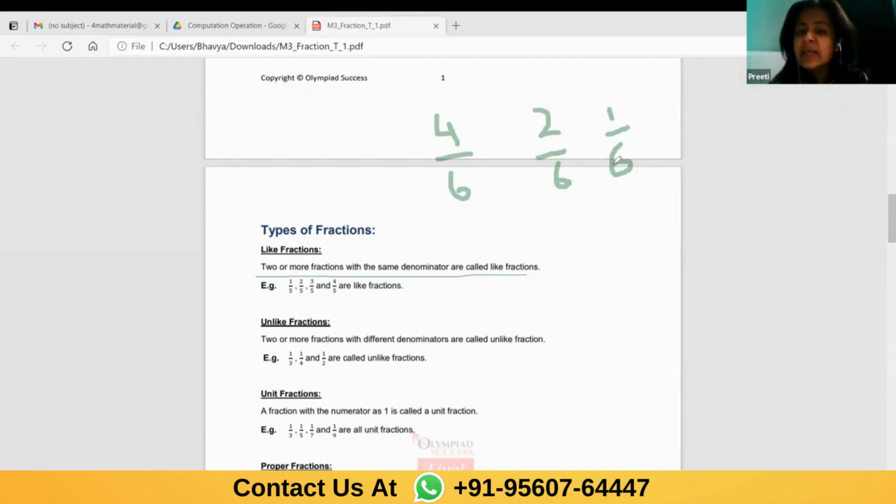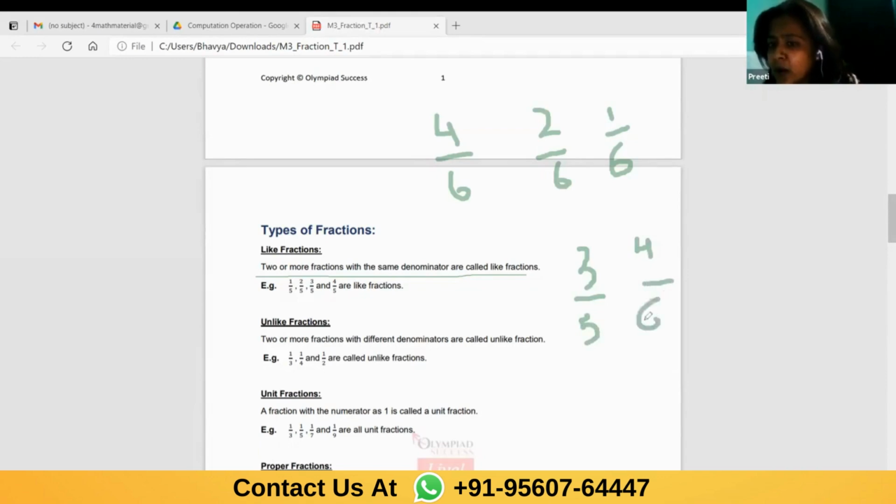But when the fractions have different denominators, then we call them unlike fractions. For example, 3 by 5 and 4 by 6. Their denominators are different.